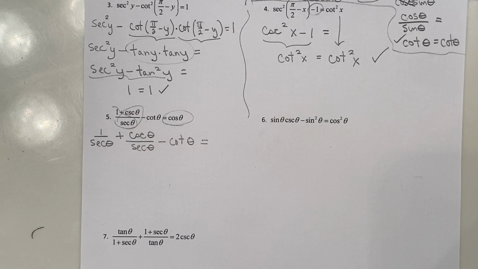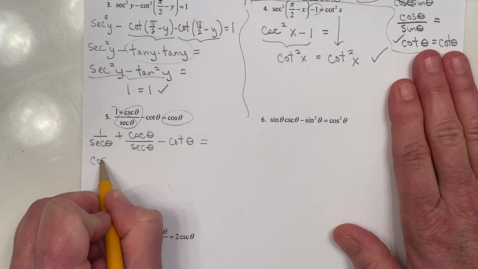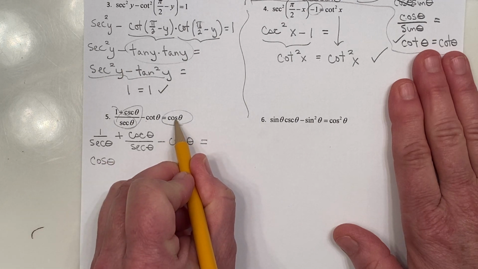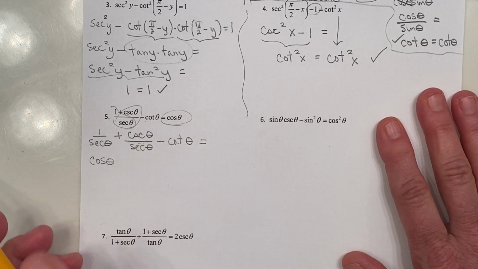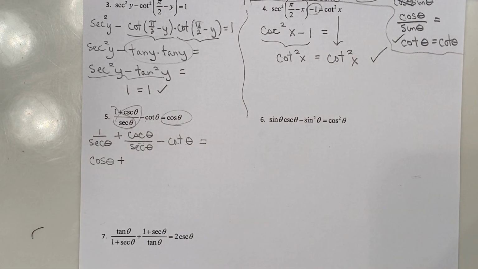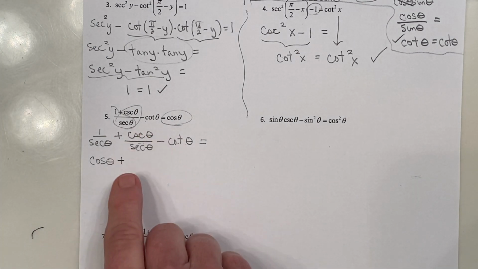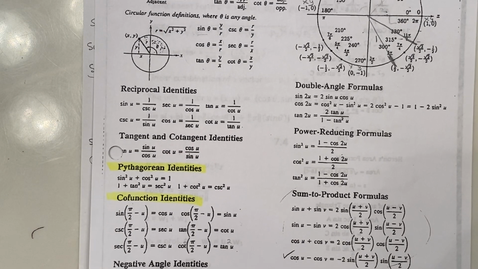Well, let's see. 1 over secant theta does change to cosine of theta. That's kind of helpful because I do need that, which tells me that maybe these two will cancel. Plus, let's go to your formula sheets. Do you see anything on your formula sheet that would tell us what cosecant theta divided by secant theta is?